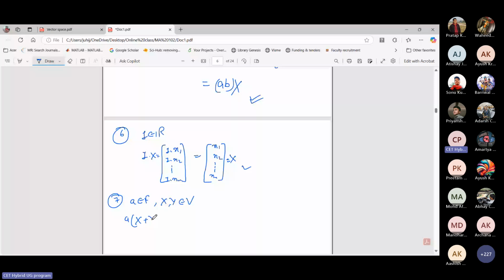This will be equal to X1 plus Y1, X2 plus Y2, Xn plus Yn. Scalar multiplication will be multiplied in each component: A into X1 plus Y1, A into X2 plus Y2, up to A into Xn plus Yn.